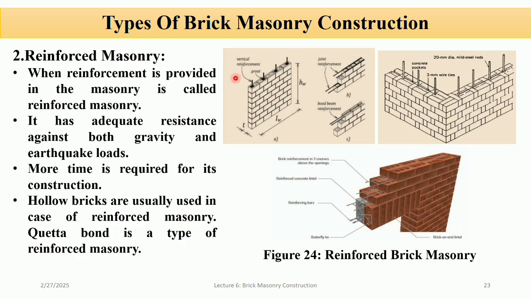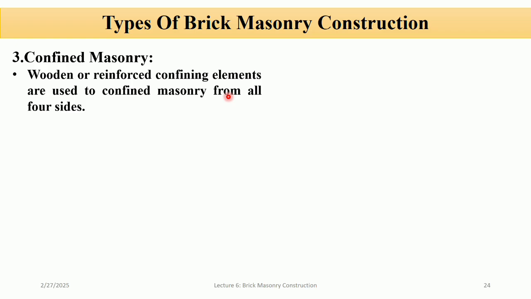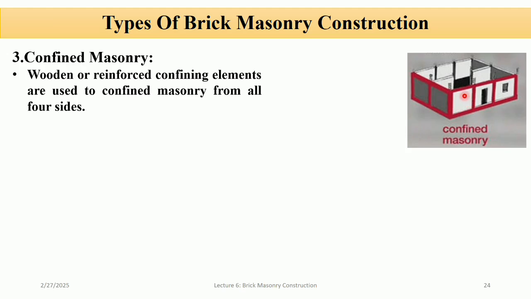And in brick masonry, we use hollow brick confined masonry. A type of masonry where vertical and horizontal reinforced concrete elements are added. You can see in the figure that reinforced confining elements are used to confine the masonry.